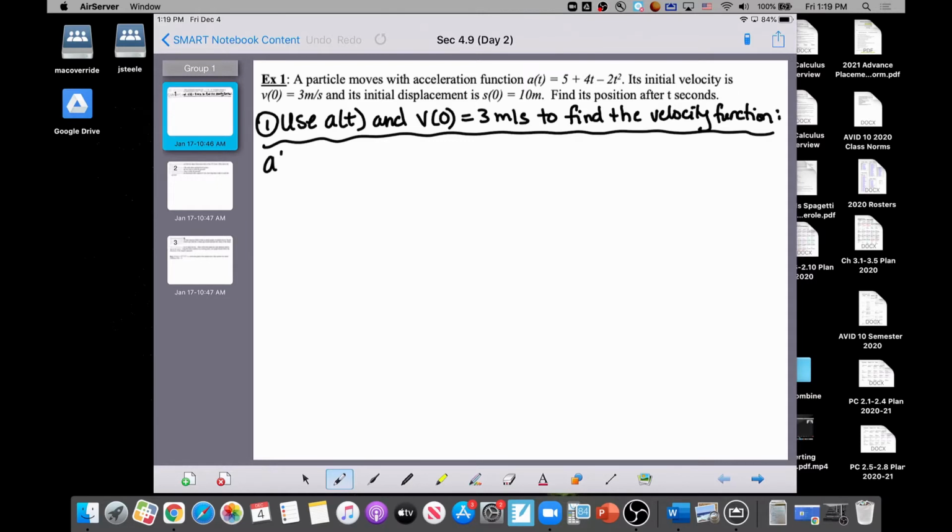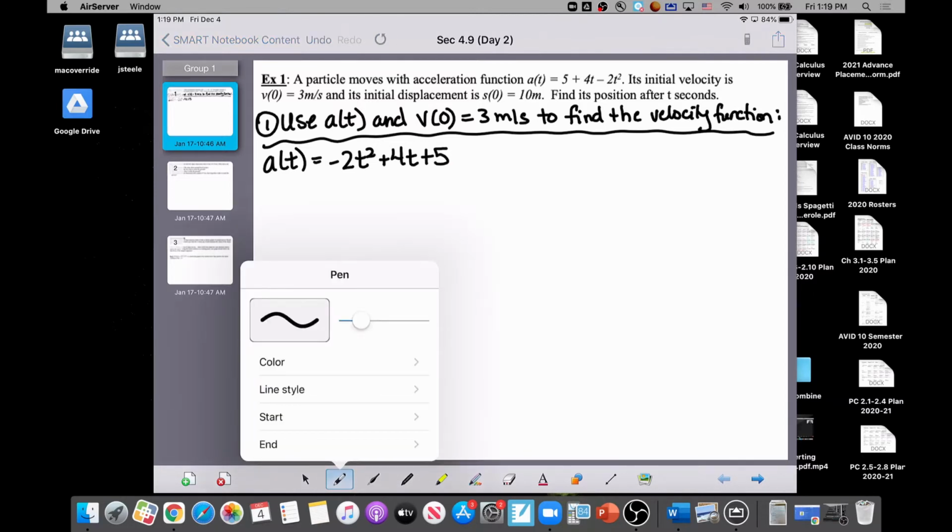So I'm going to start with a of t. A of t is negative 2t squared plus 4t plus 5. I know I have to find the antiderivative of this function, which is going to be my v of t.